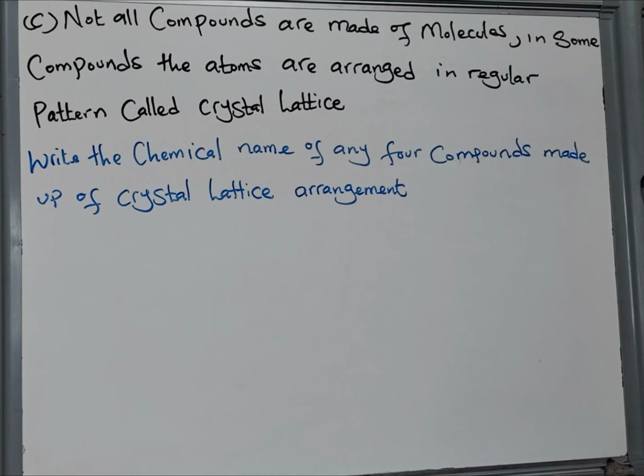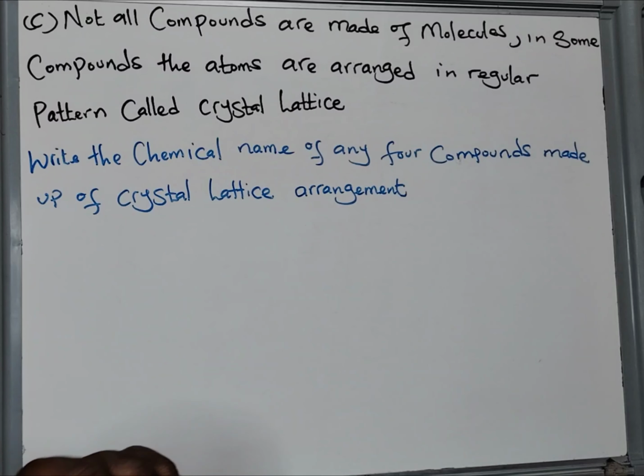They pair, they cluster into groups, and those clusters are bound by intermolecular forces. But not all compounds are like that. In some, the atoms are joined by permanent bonds throughout without any areas of weakness. That arrangement is called a crystal lattice.